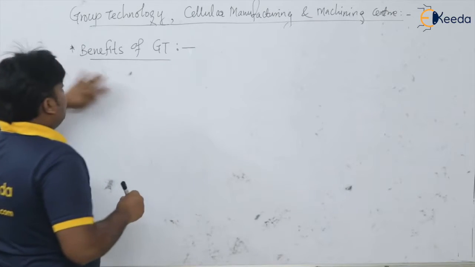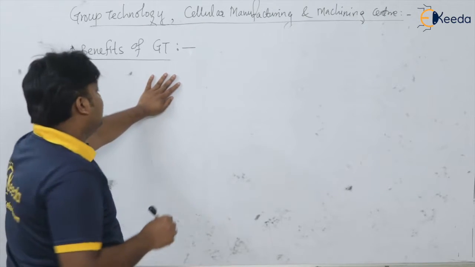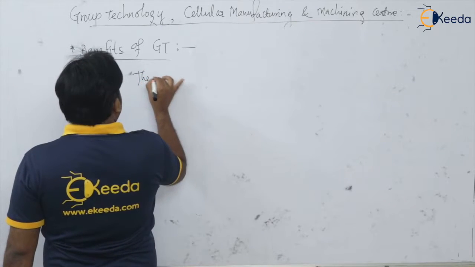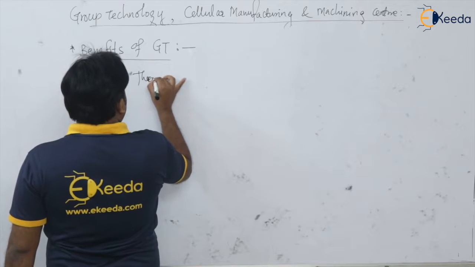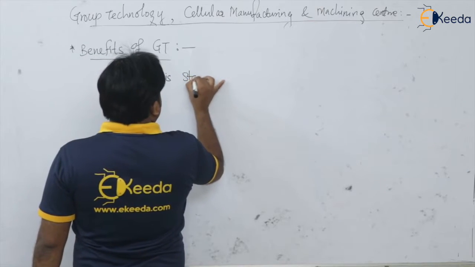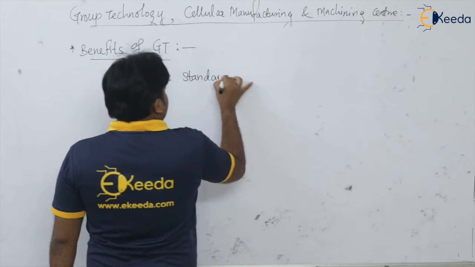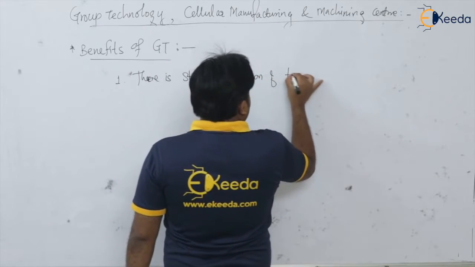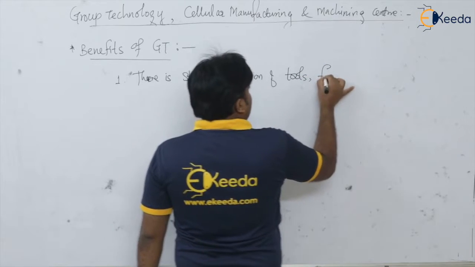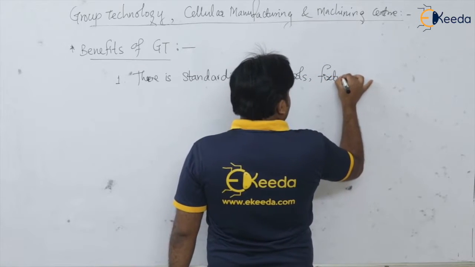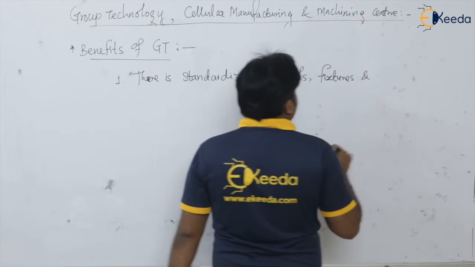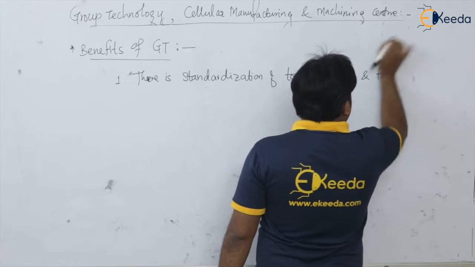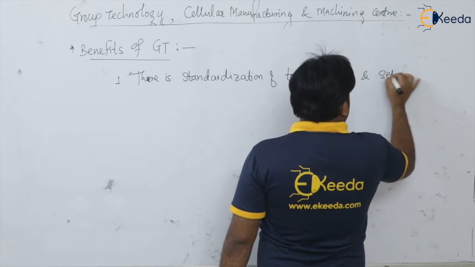So see, once you are implementing group technology, the first thing is very important: there is standardization of tools, fixtures, and the tool sets, or simply I can write, the setups.